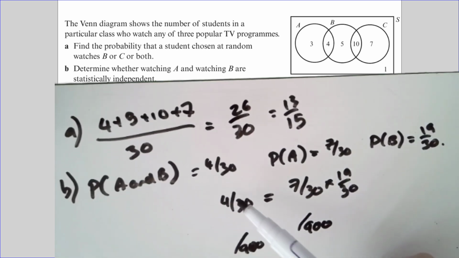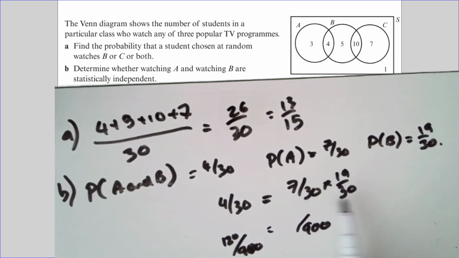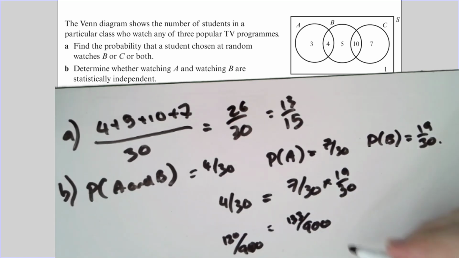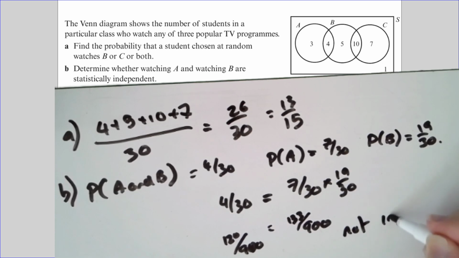For this one, to get to 900, we need to multiply the top by 30, so we get 120. And this one will get 900 on the bottom, so we just need to do 7 times 19, which is 133. So these are not independent.